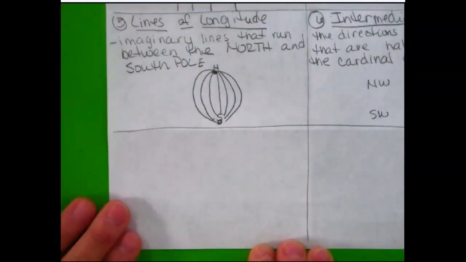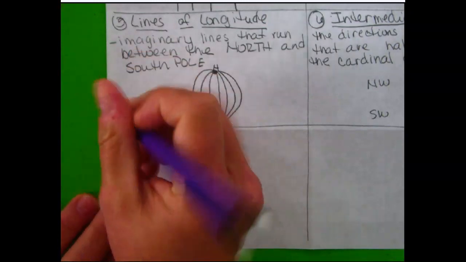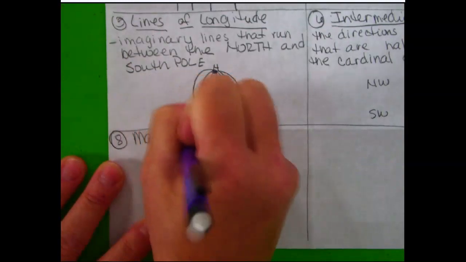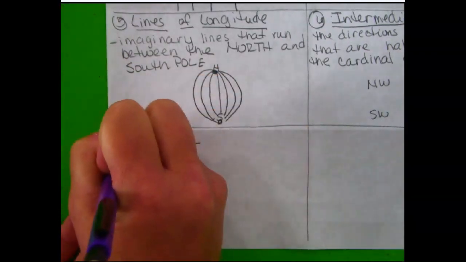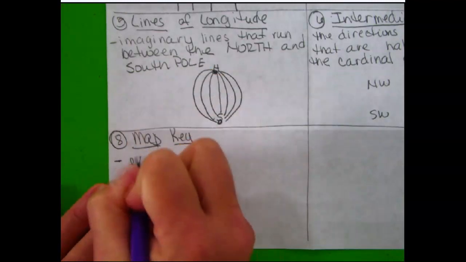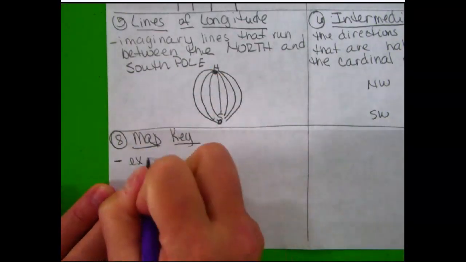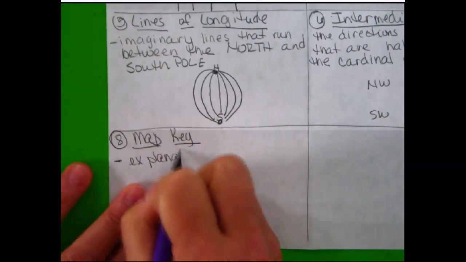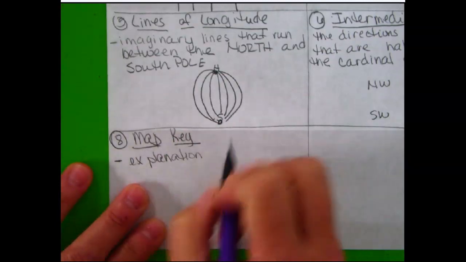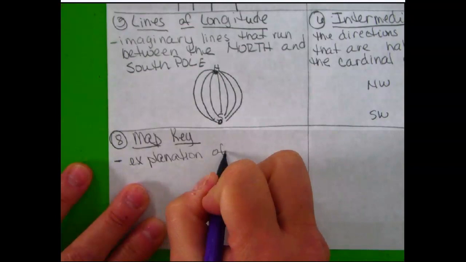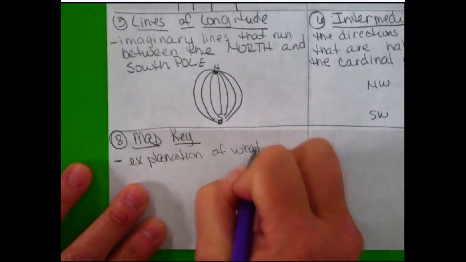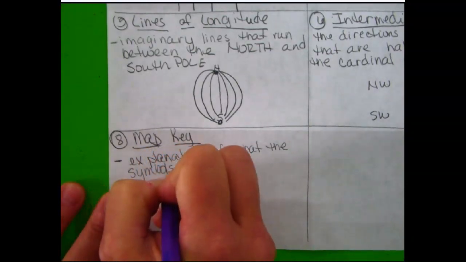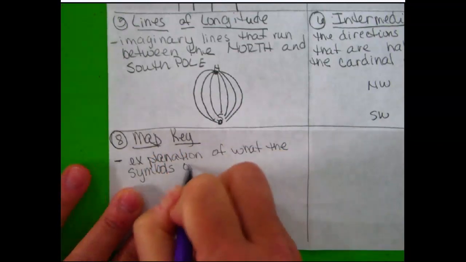Let's look at vocabulary number 8. Vocabulary number 8 is a map key. A map key is the explanation of what these symbols on a map stand for.